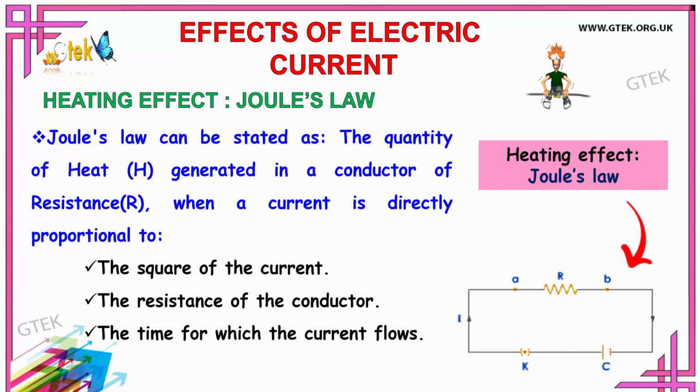Now let us see about the heating effect, that is Joule's law. Joule's law can be stated as: the quantity of heat H generated in a conductor of resistance R when a current flows is directly proportional to the square of the current, the resistance of the conductor, and the time for which the current flows.